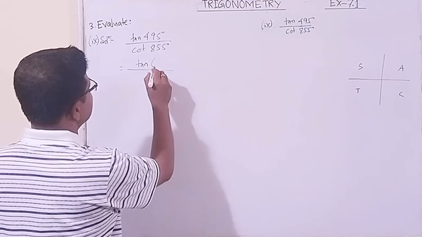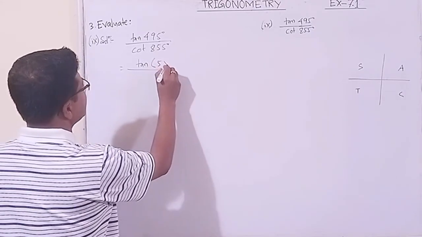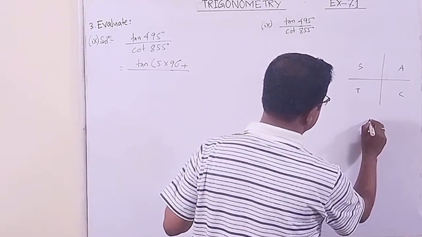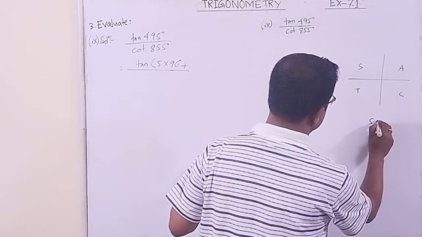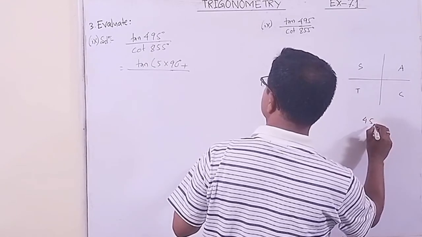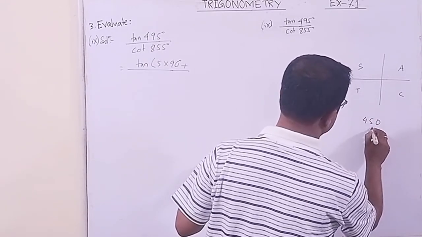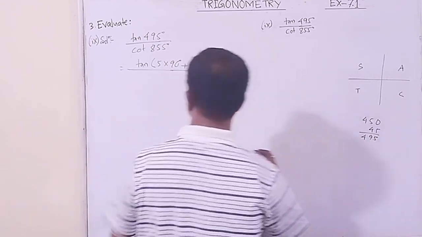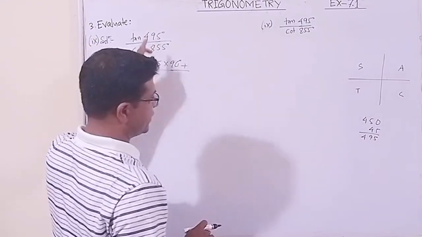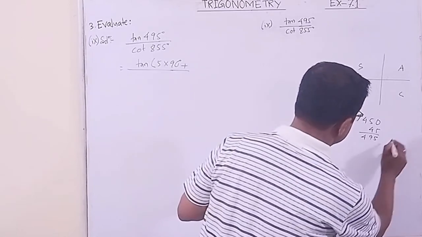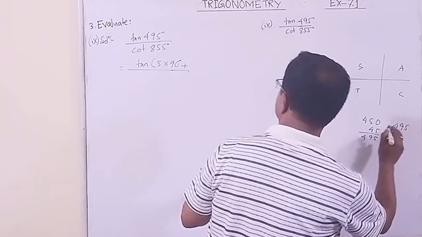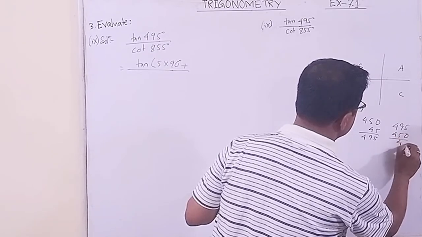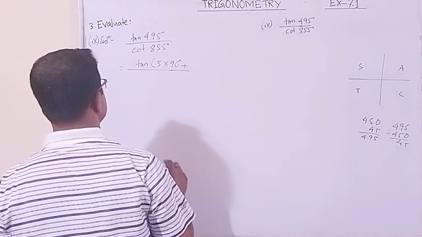Okay. So 5 into 90, 450, then plus 45. I am doing in the opposite way. I hope you are understanding. Otherwise, the actual thing is that from 495 we have to subtract this, then only we get this 45.